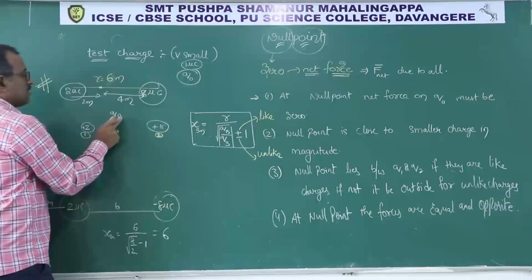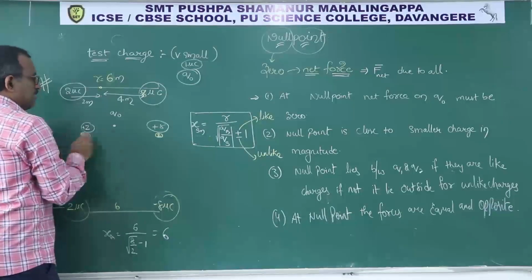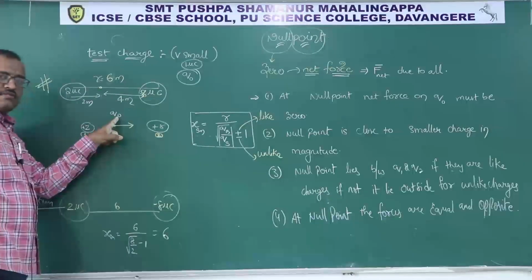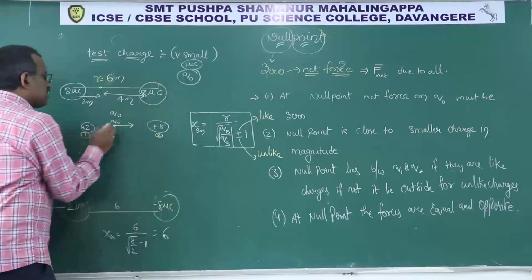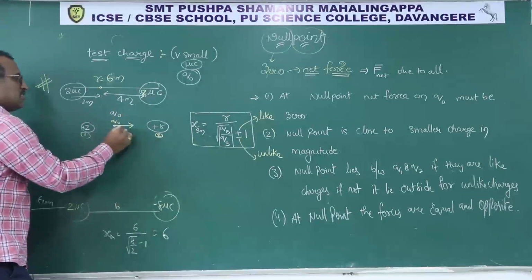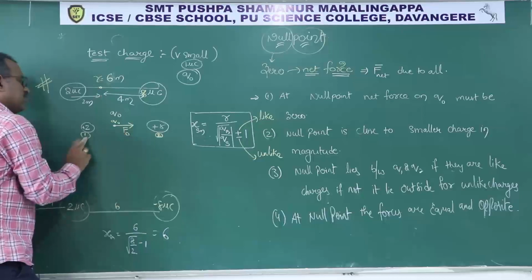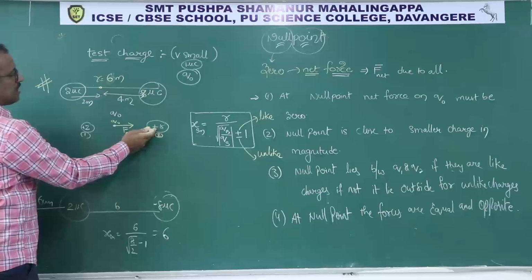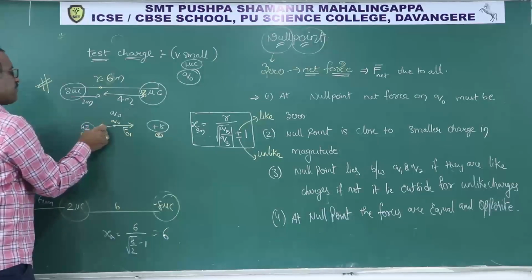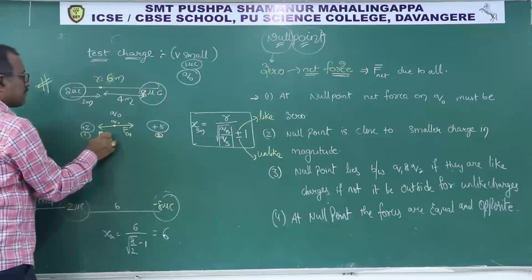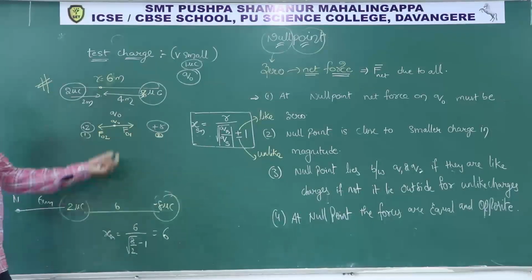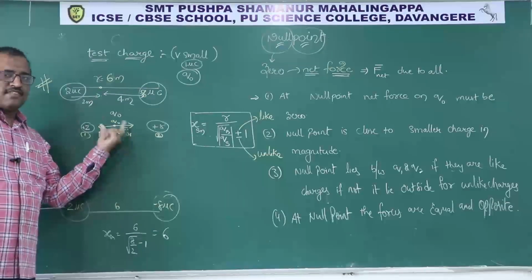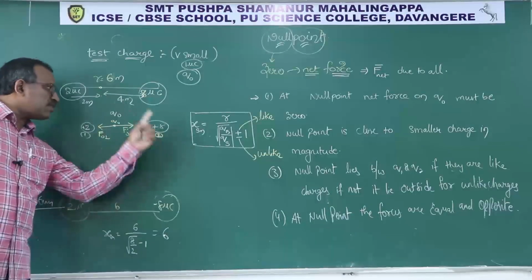Force acting on 0 by 1 will be in this direction, repulsive, because both are positive. Similarly, the force acting on Q0 by +8 is repulsive, this side only. They should be opposite, then only they will get cancelled. Hence, the point should be in between them only.